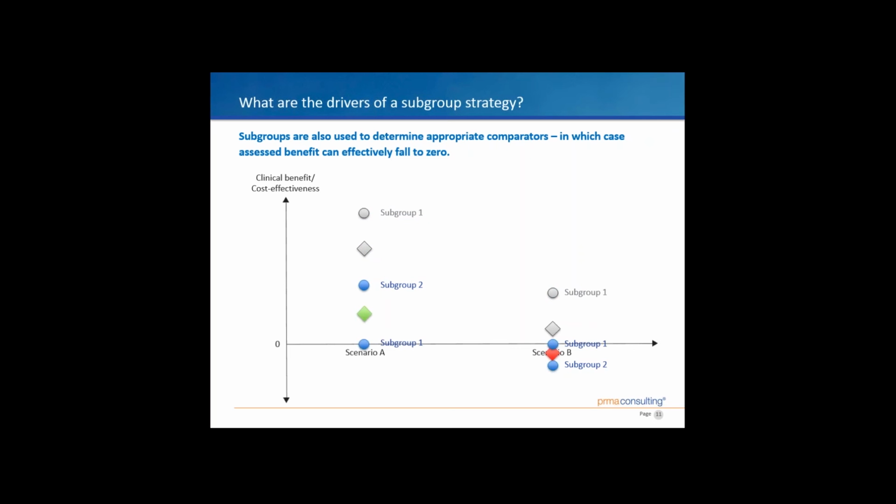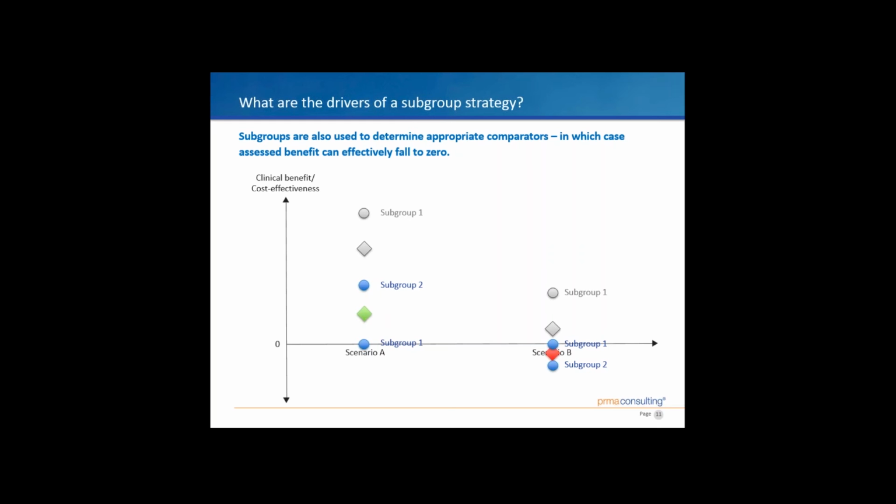What manufacturers are also thinking about in subgroups are appropriate comparators, standard of care, natural history, unmet need. The reason why the uncertainty and the risk here from a manufacturer's perspective aren't the same is because our subgroup 1, which appears to be high, could be reduced effectively to 0.